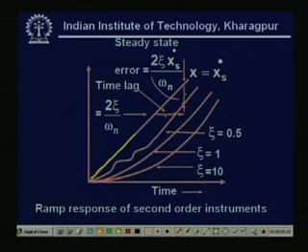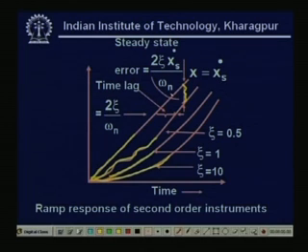The overdamped systems take large time, so the error is also large, and this is for critically damped systems, and this is for underdamped system. We have put xi equal to 0.5. So, there is oscillation, quite obviously there is a sinusoidal term, and after that it will die out. Now, this is our steady state error.